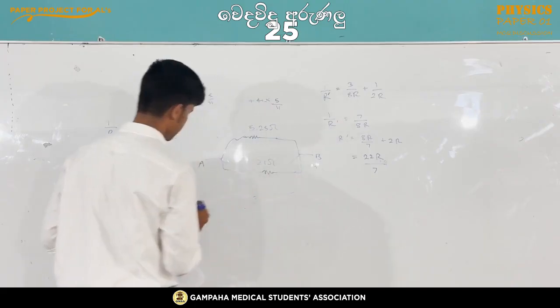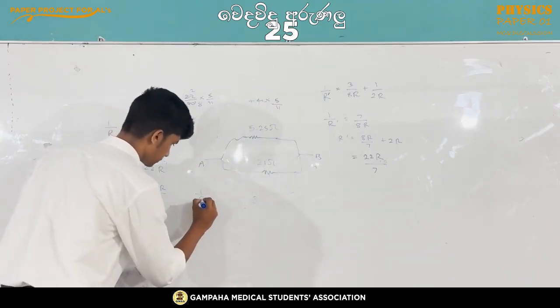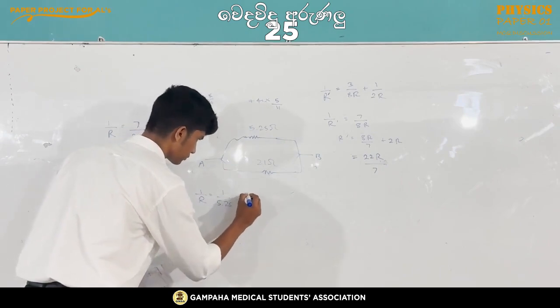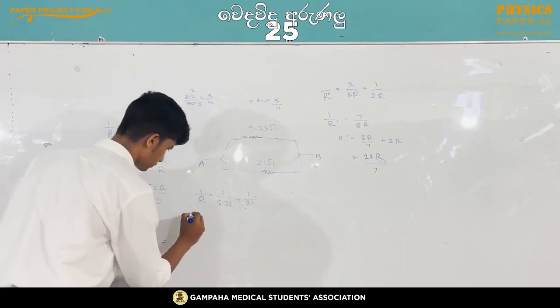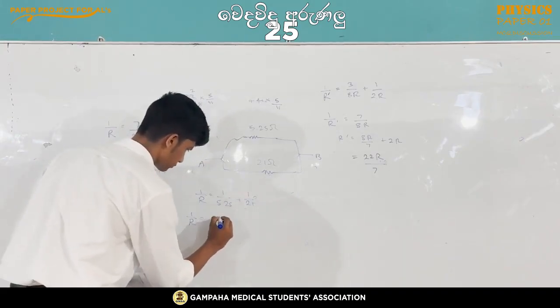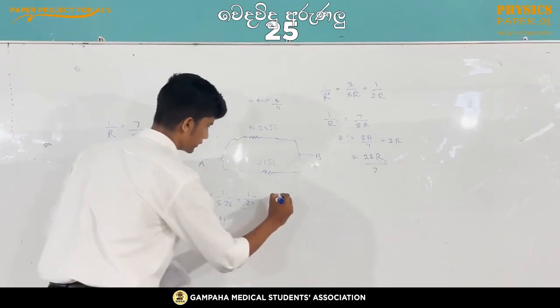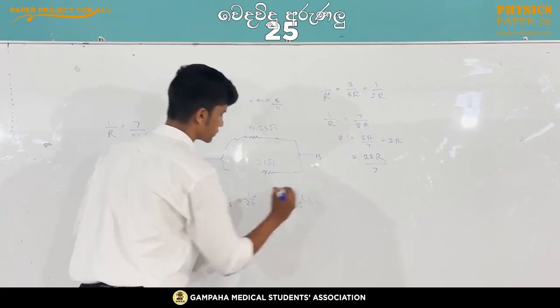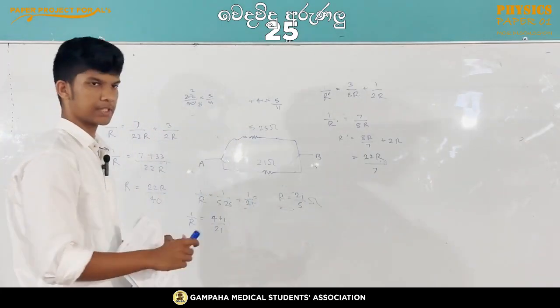Then we can get the resistance of these two. Then the resistance will be 21 over 5. The correct answer is the second answer.